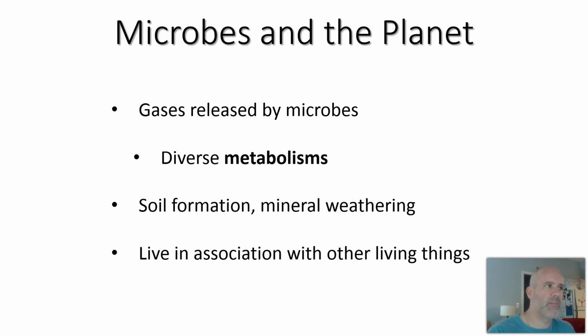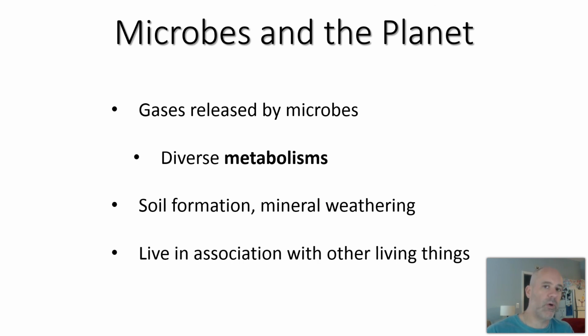All right, some other ways that microorganisms impact our planet. They have very diverse metabolisms. So the ways in which they derive their energy and where they're getting their nutrition, all these chemical reactions that take place inside cells to allow them to survive. So you learn about human metabolism when you take anatomy and physiology.